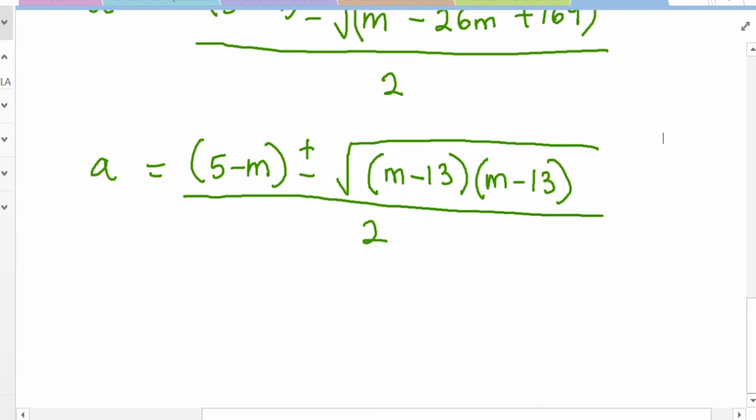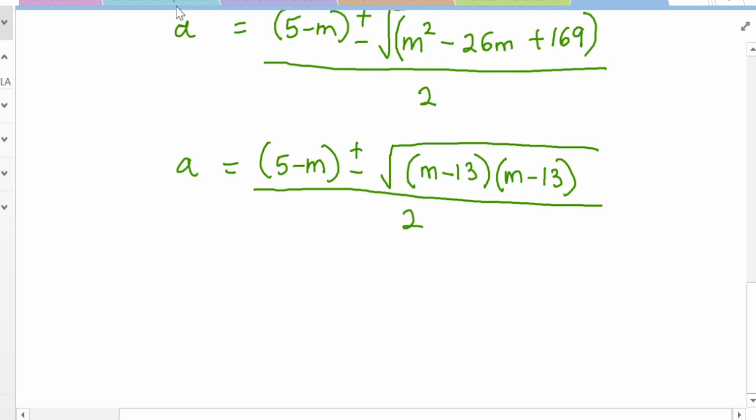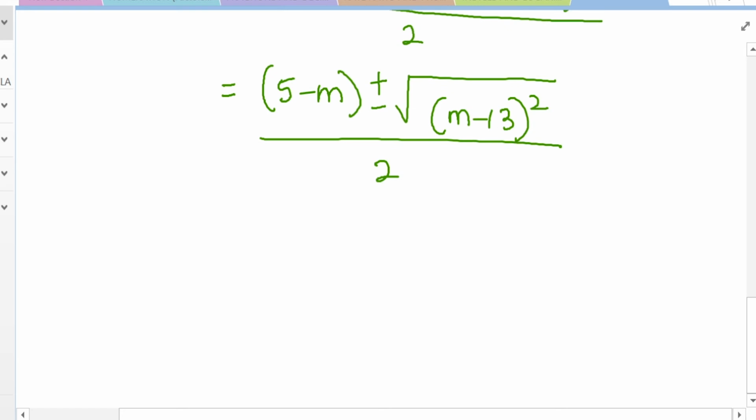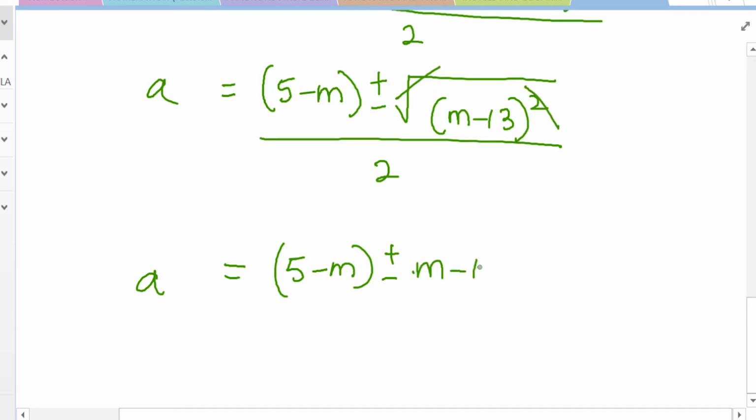Definitely, moving on, this is going to become 5 minus m plus or minus the square root of m minus 13 squared, divide that by 2. Moving on to the next step, our value of a there is going to become 5 minus m plus or minus, where the square root sign goes with that and remains with m minus 13.